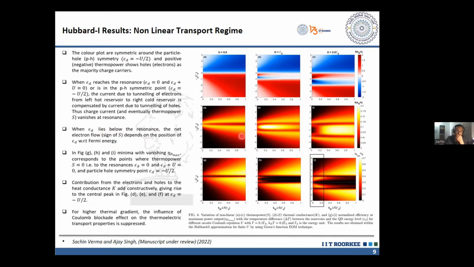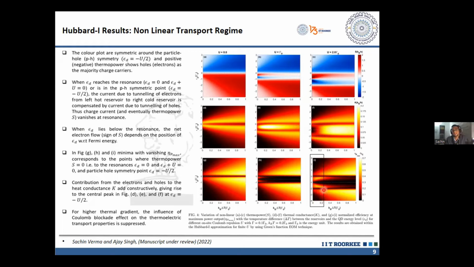On the other hand, in case of thermal conductance, the hole and electron contributions add up at the particular symmetric point and give us this sharp peak. However, this large thermopower and figure of merit, or thermoelectric efficiency, is only visible when the thermal gradient, or temperature difference between these reservoirs, is small.